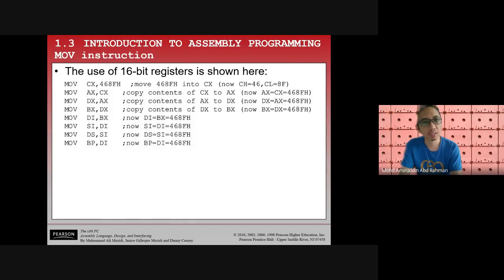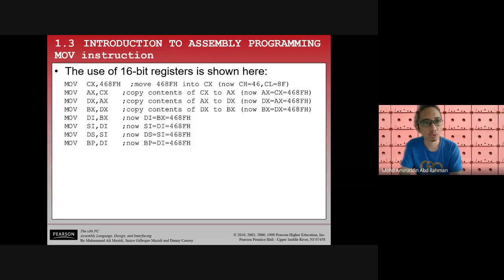As CX is divided into CH and CL, it means the higher byte CH is now equal to 46 and CL equal to 8F. Now you look there, MOV AX, comma CX, so now the content of AX will be similar to CX, which is 468F.